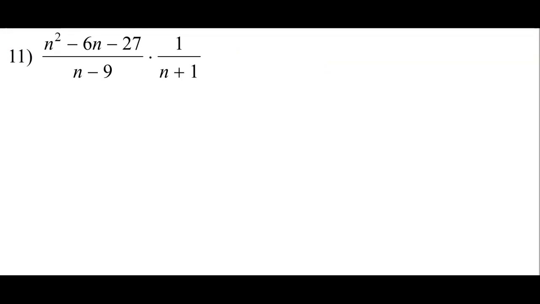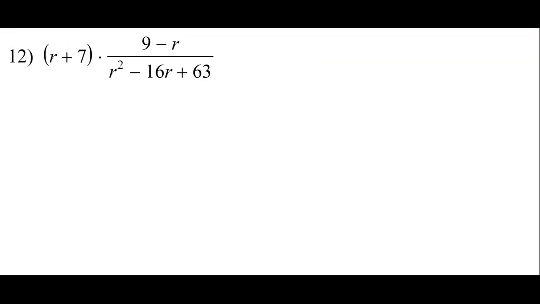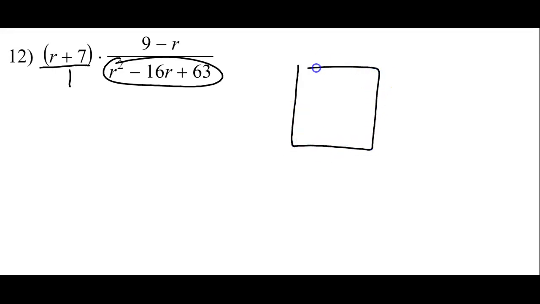Talk about multiplication next. Anytime you have multiplication or division, if one of them's not a fraction, you can make it a fraction by just putting it over 1. The next thing we want to do is factor anything that we can. R plus 7 does not factor, and 9 minus R does not factor. The 1 doesn't factor, but this factors. We can use the box method once again.